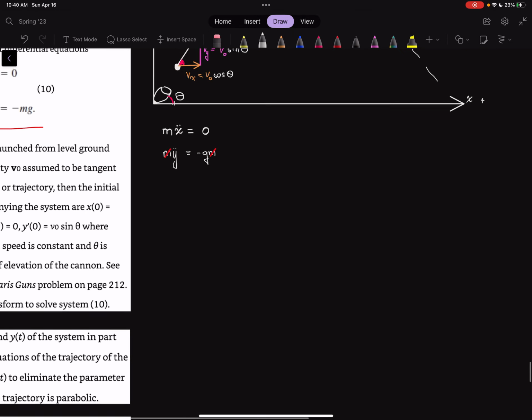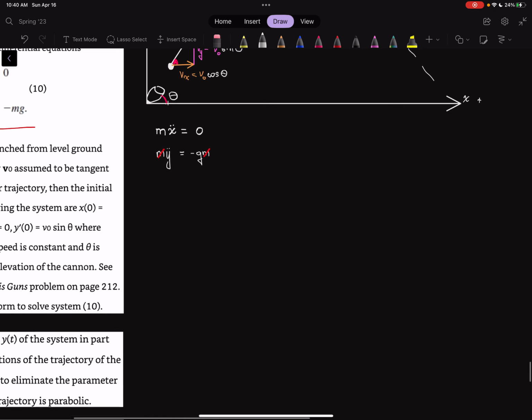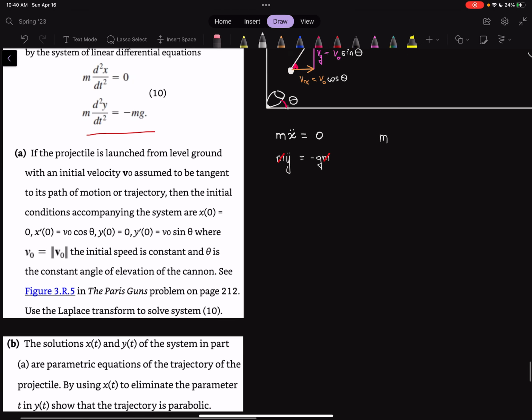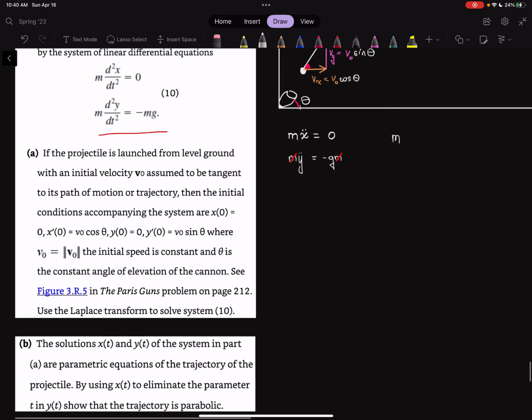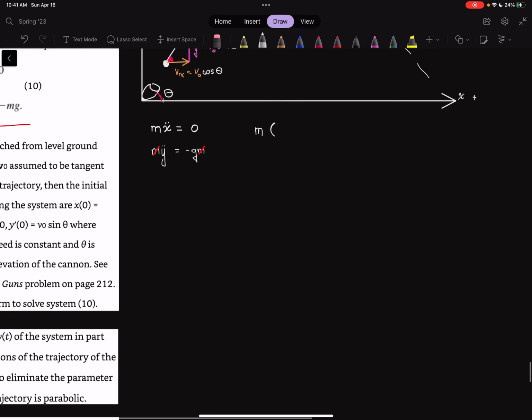So if we want to solve this system with Laplace, we would get m times s squared times big X of s minus s times small x of 0 minus x prime of 0. All of that is equal to 0.